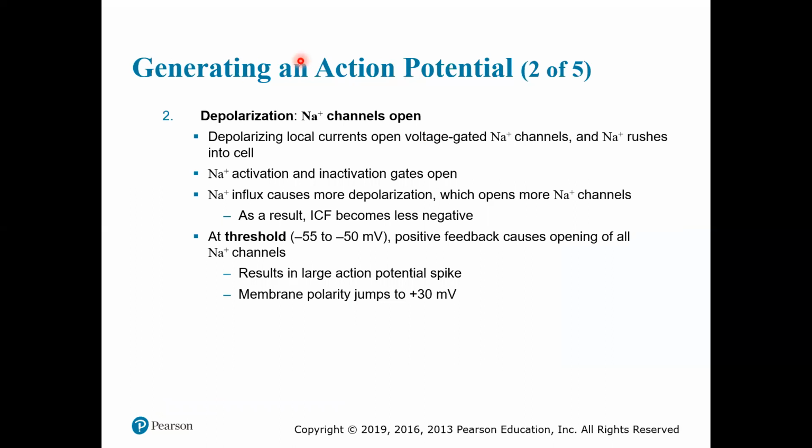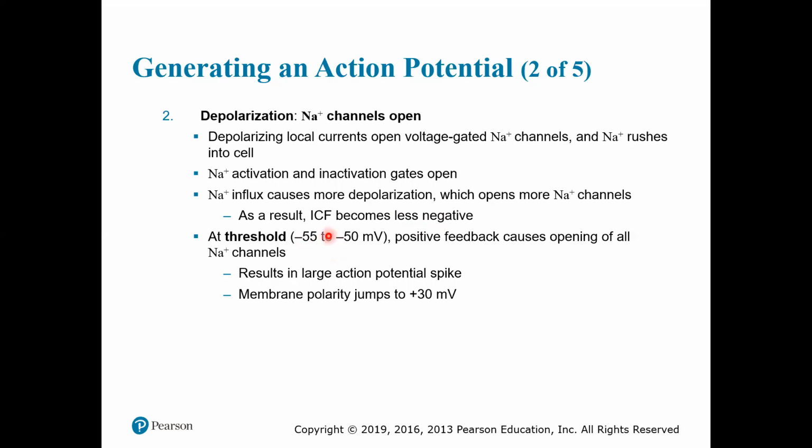So upon stimulus, depolarization, sodium channels open and allow sodium to come into the cell very fast, right? And then the inactivation closes after the influx of sodium. So the intracellular fluid becomes less negative or more positive because sodium is coming into the cell. The threshold is minus 55. So if it goes from minus 70 after depolarization reaches the threshold of minus 55, then you can have an action potential, right?